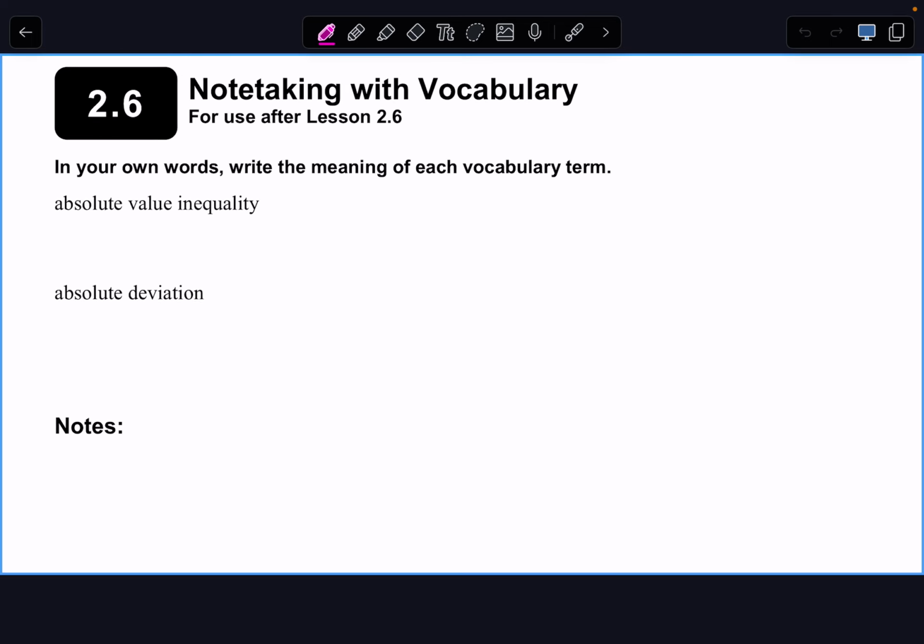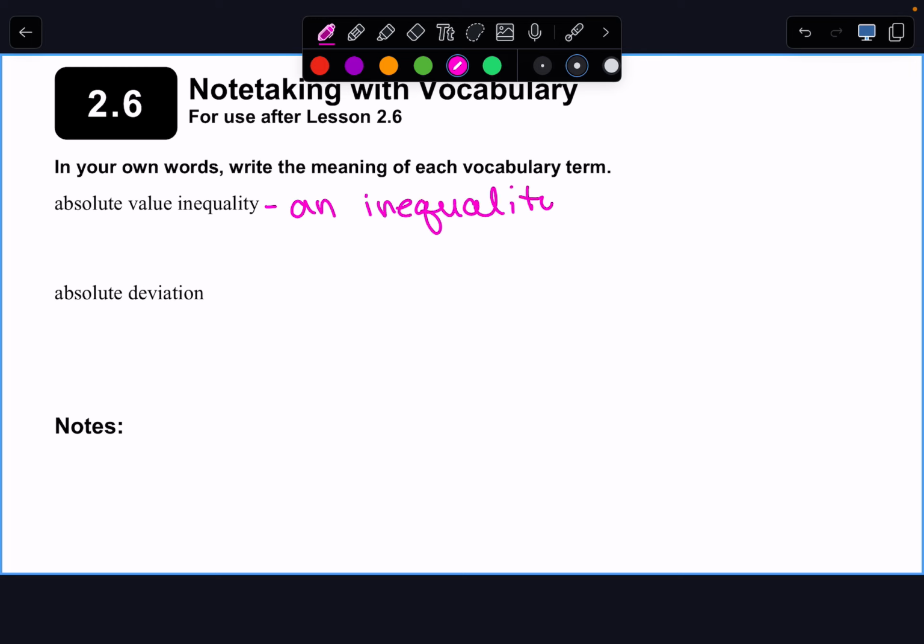Okay. So today we are going to talk about an absolute value inequality. Okay? Well, what do you think an absolute value inequality is? Probably an inequality, kind of like the equation, that contains an absolute value expression.